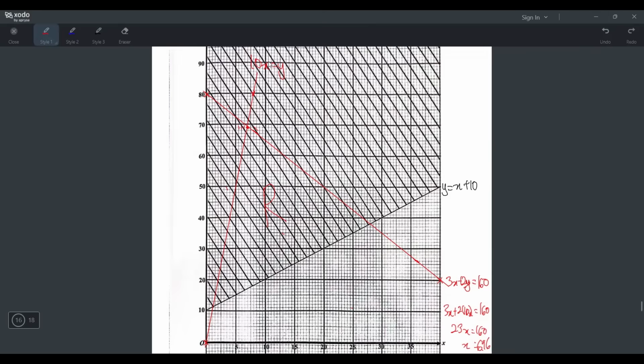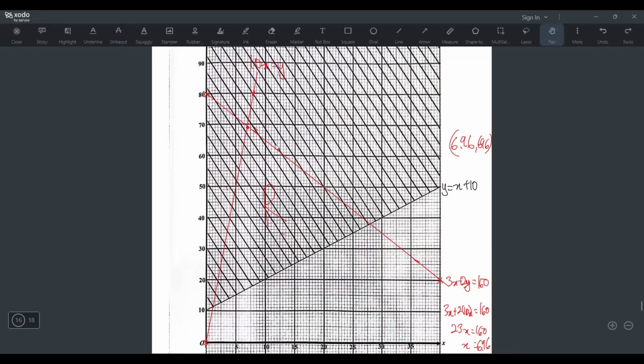I'll use the answer button times 10, and I will get 69.6. So x is 6.96 and the y coordinate is 69.6. Of course we cannot take this, because x and y represent the number of supervisors and operators, the number of people, so you cannot take decimals, right? So now we know.